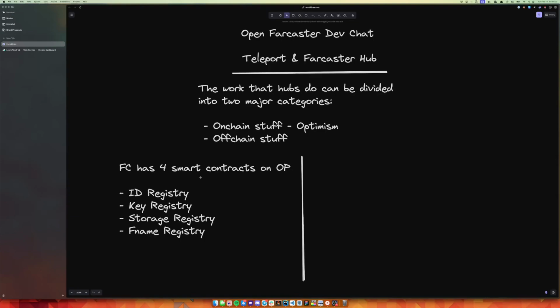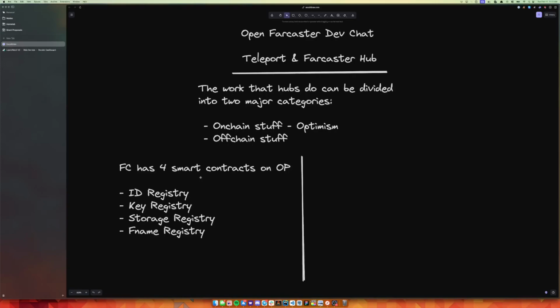If you sign up using an alternative client like Flink, the reason Flink accounts don't work with Warpcast right now is that Warpcast is designed to deal with the custody address, whereas Flink creates the mapping in the ID registry from your normal ETH address. So that's why that doesn't work, by the way.